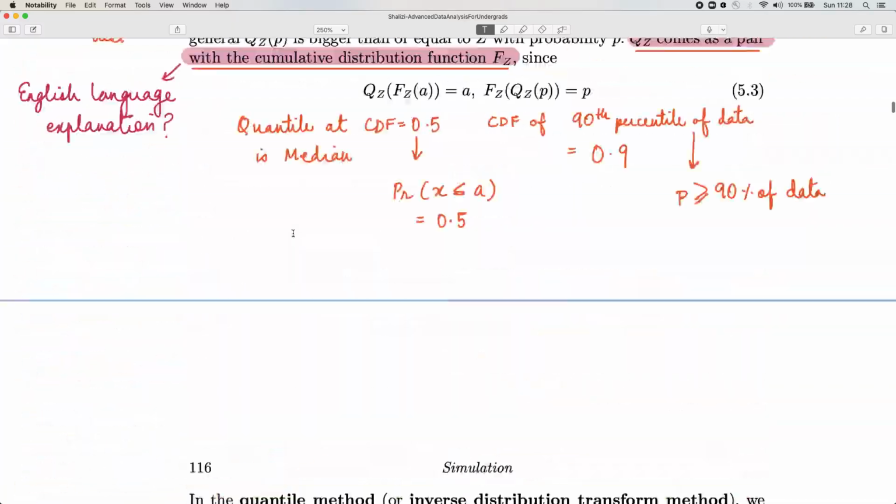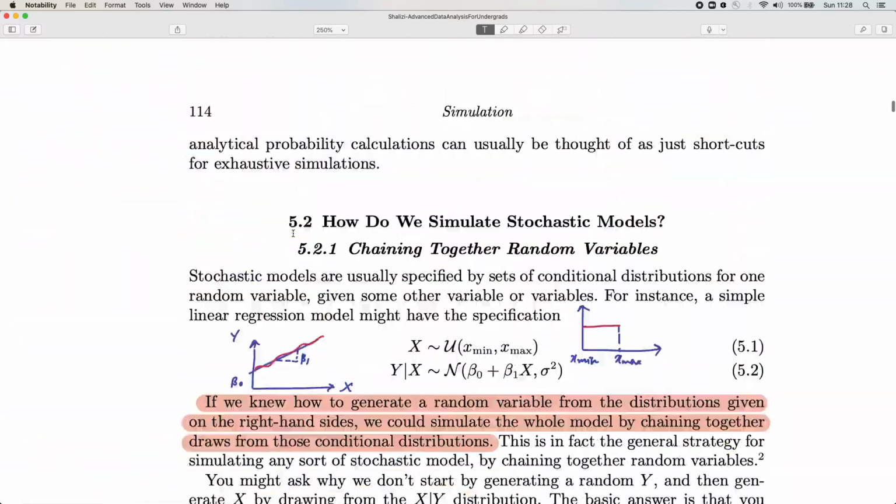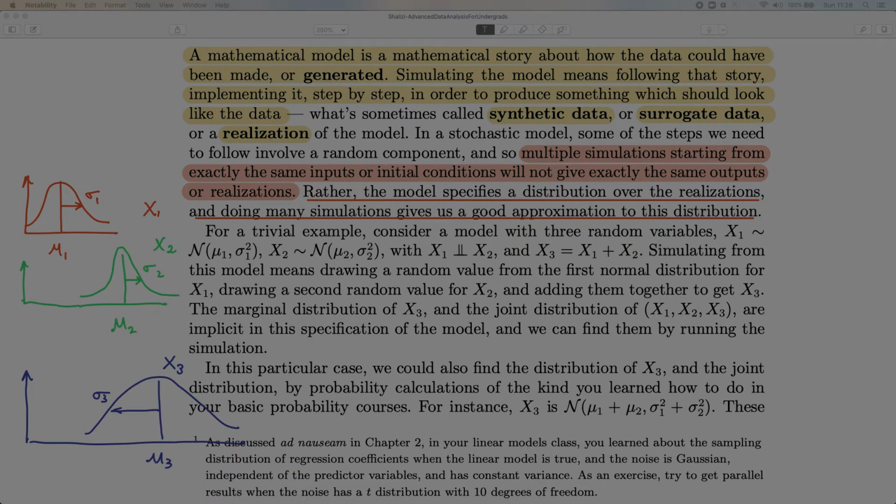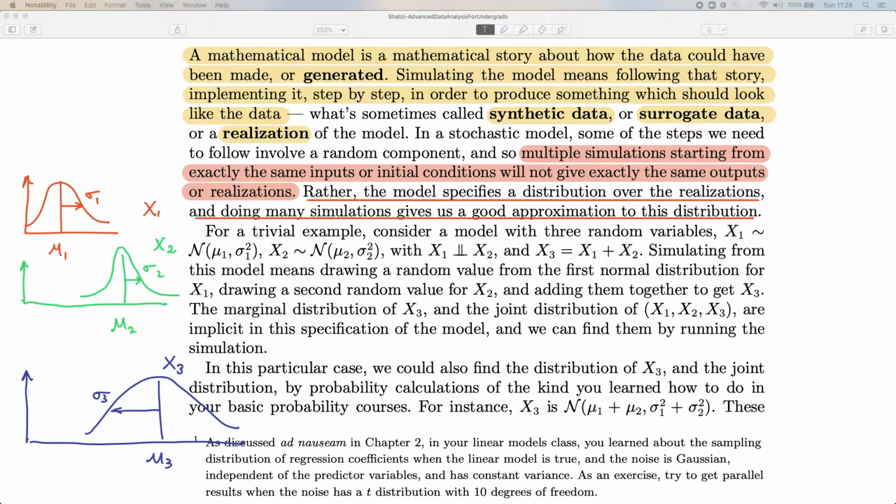So I'll share this PDF, but I just wanted to point out that, okay, the screen recording is ongoing.